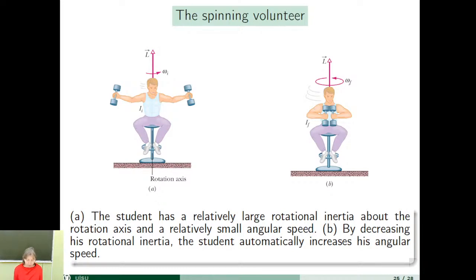According to this expression, his angular speed must be greater to compensate for the decreased I_f. Here is a small angular velocity, and here is a big angular velocity.